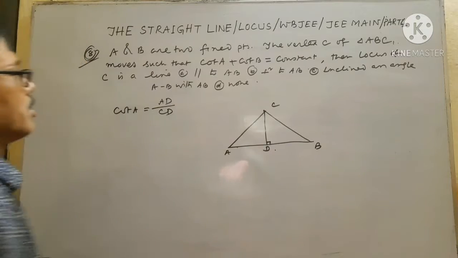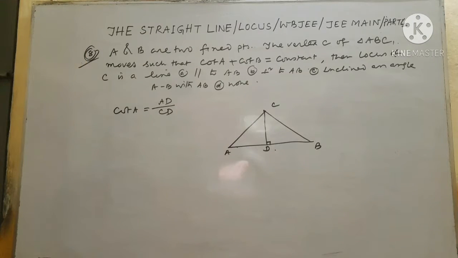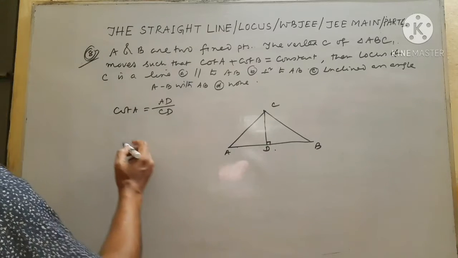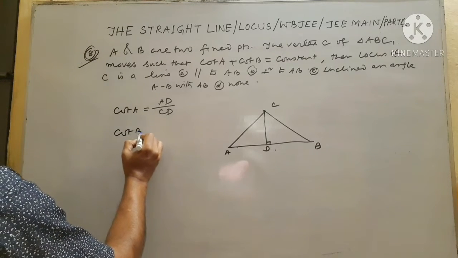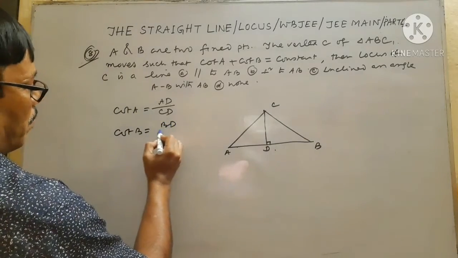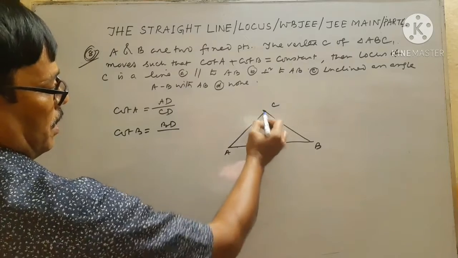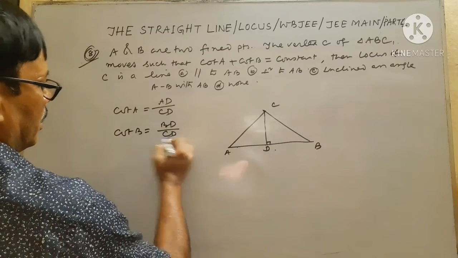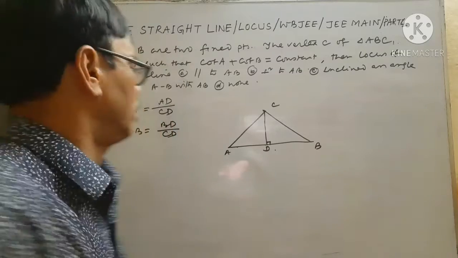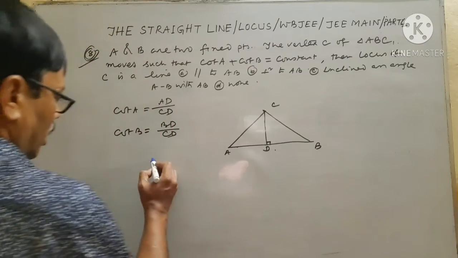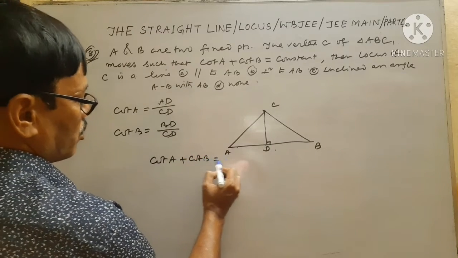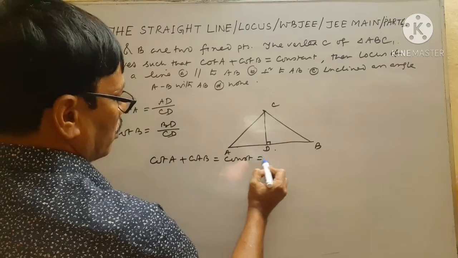And what is cot B? It is BD by CD. So from the figure we are getting cot A and cot B. Now cot A + cot B equals a constant, say k.